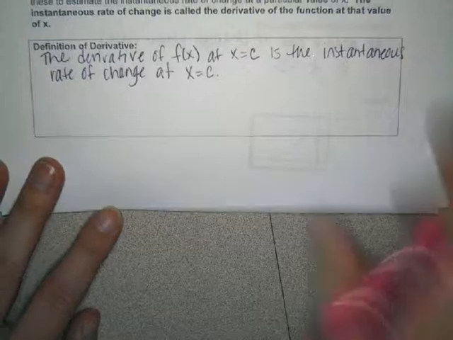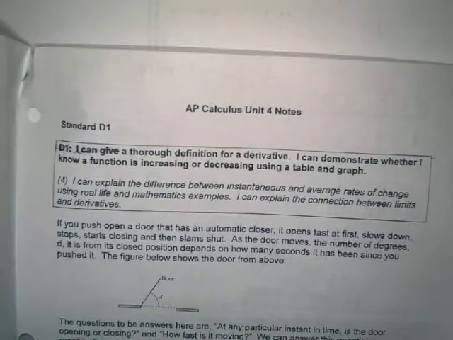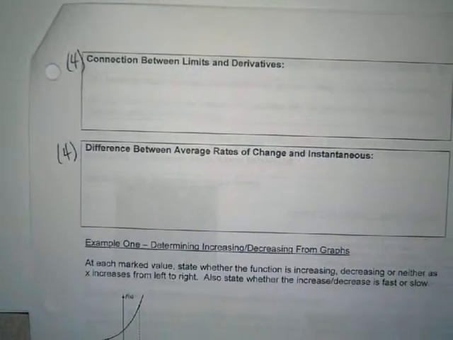Okay, go ahead and flip. Mark these both with a 4. We'll come back to these because these are both part of the 4-tech problems, where you're able to explain these differences and these connections. We'll come back to that when we're ready for it.